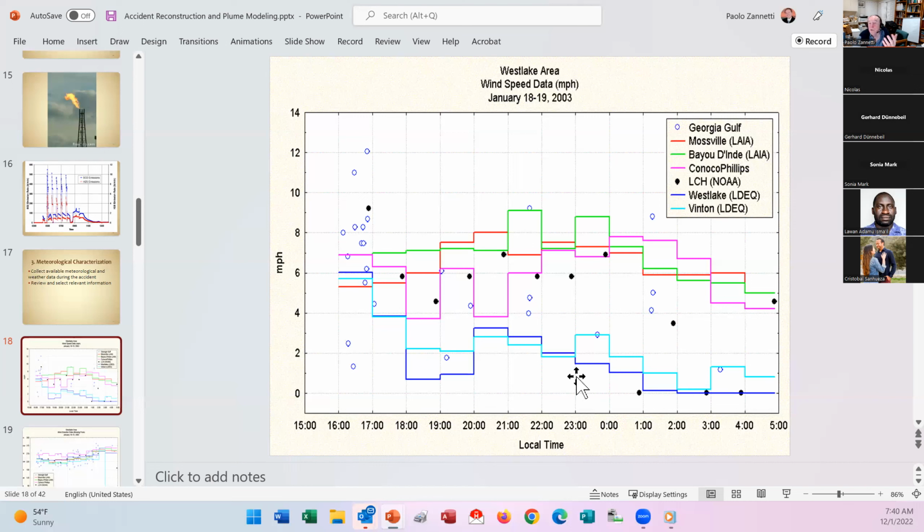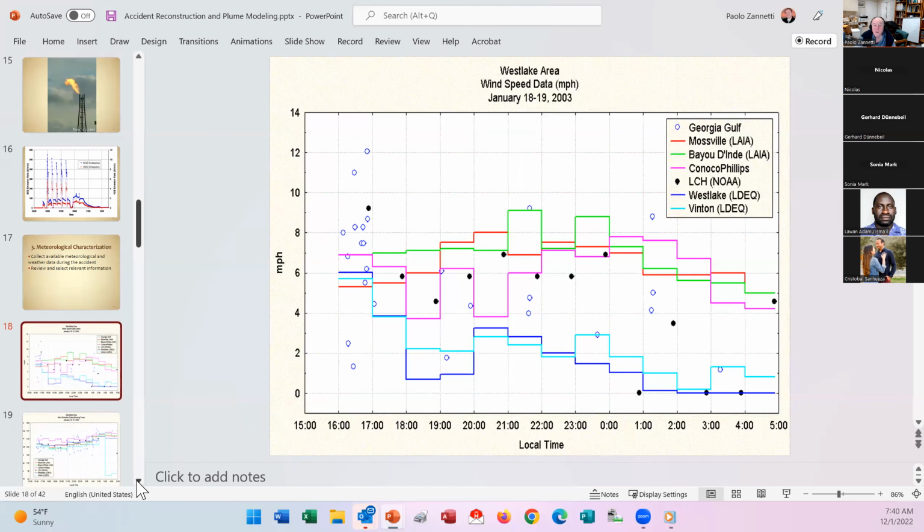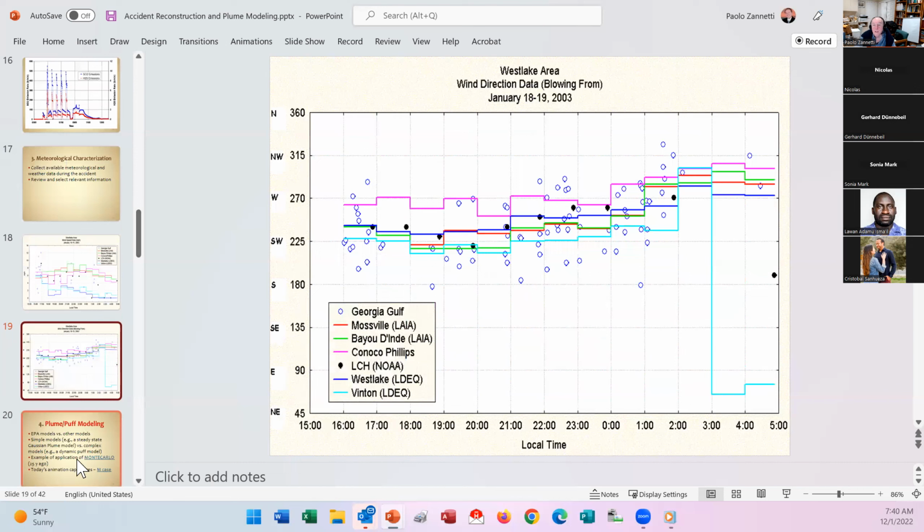And whatever decision you make, you will be criticized. Why did you choose this one instead of the other one? So you have to be very, very careful. You are under a lot of scrutiny. And this is the wind direction. At some hour, the wind direction may be 180, which means from south, or 270, which means from west.